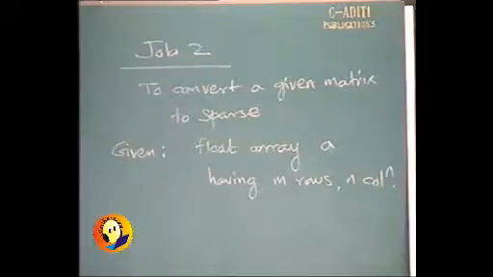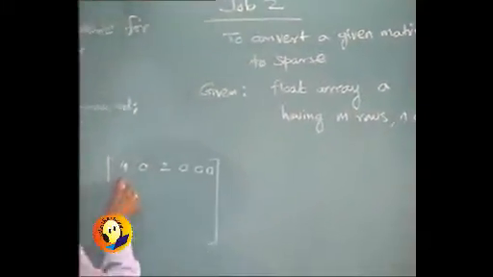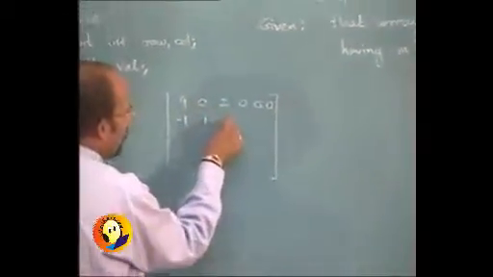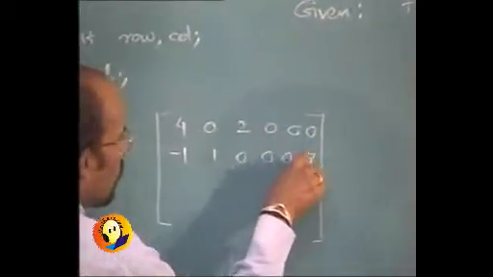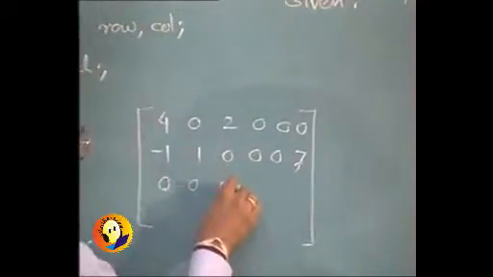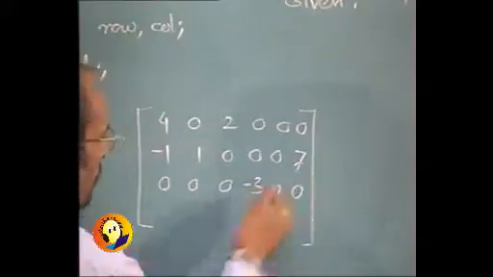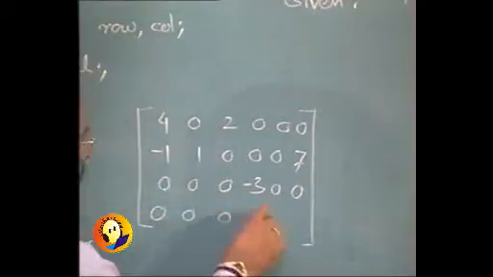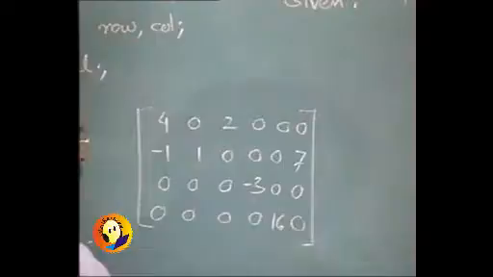This should be converted to sparse form. I have some matrix over here.